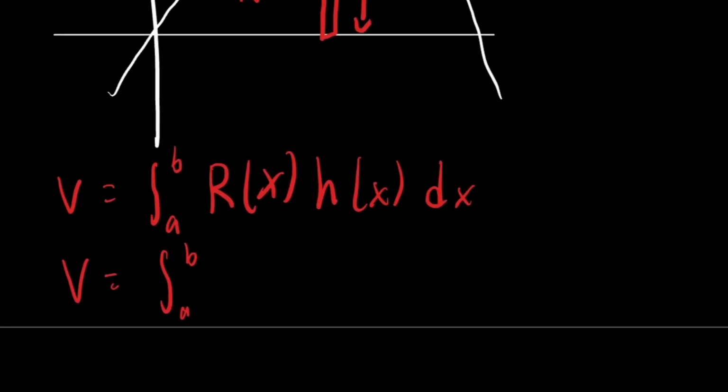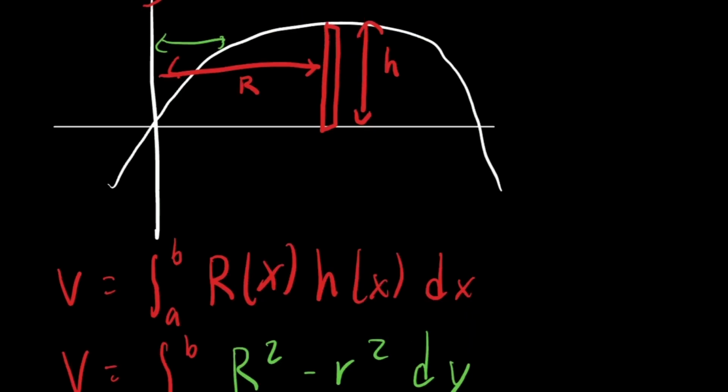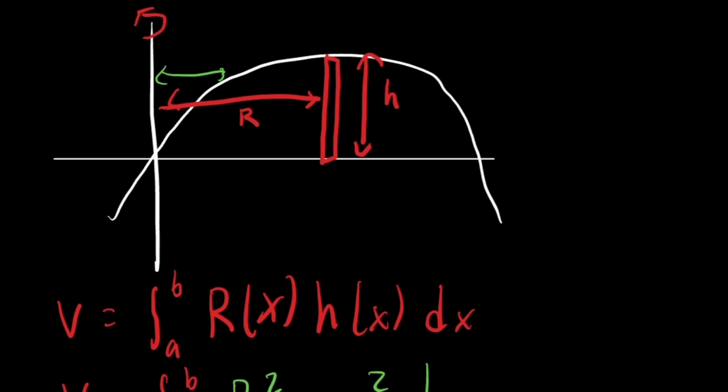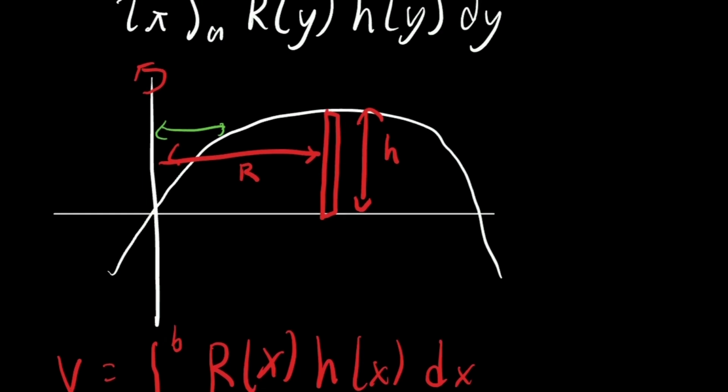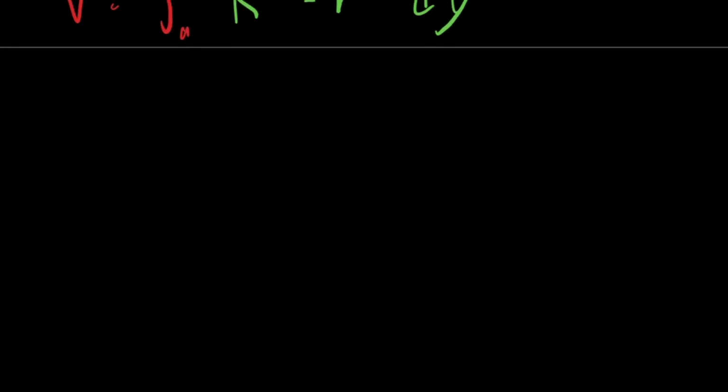It would be big R squared minus little r squared dy, because you would be doing it perpendicular to the axis of rotation. So when you're using shell method, the h will always be parallel to the axis of rotation. See how this line is parallel with the y-axis, which is the axis of rotation.